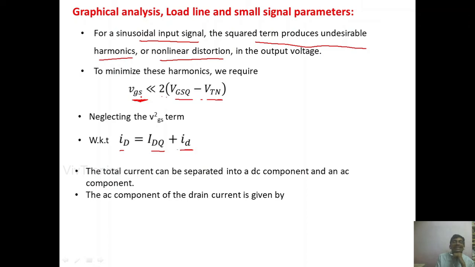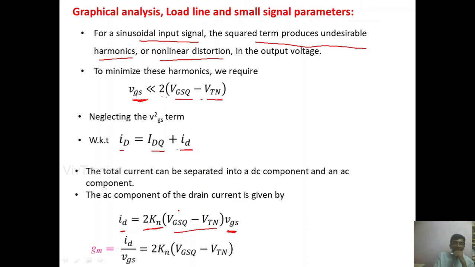Therefore the AC component alone for the drain current can be given as small id, which is a pure AC drain current, equal to 2 into Kn into (VGSQ minus VTN) into VGS.